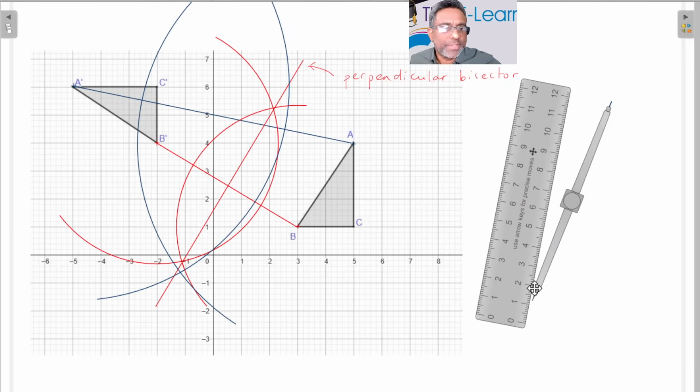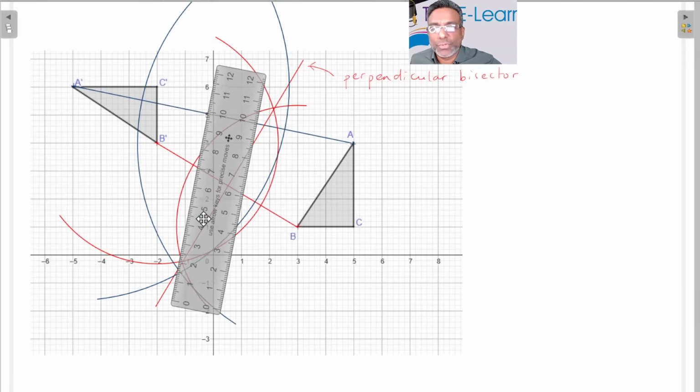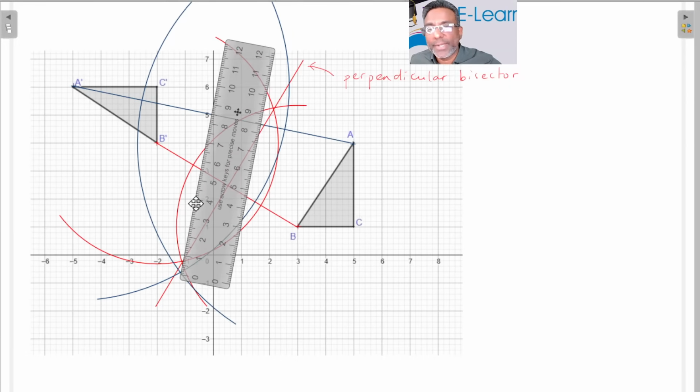I just want to test something here first. Okay, yeah. So let's go back to this blue line.